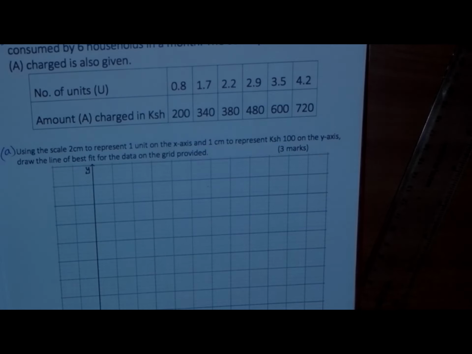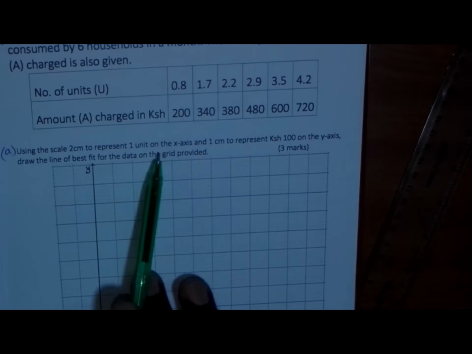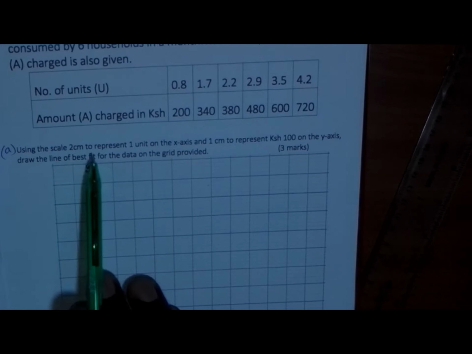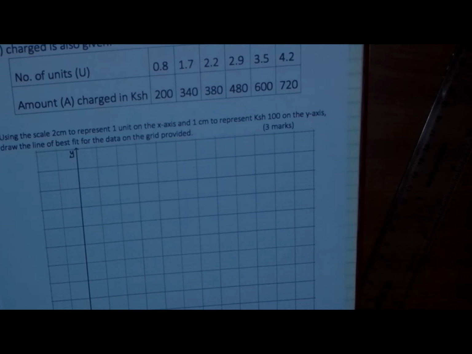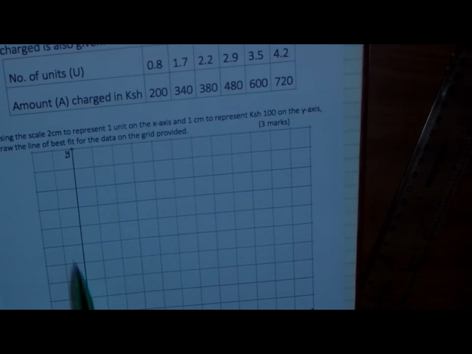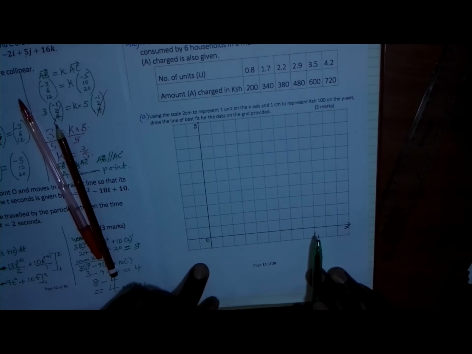So the instructions are very clear. For the x-axis, 2 centimeters to represent 1 unit. And therefore, from this point 0, we have the axis drawn for us.